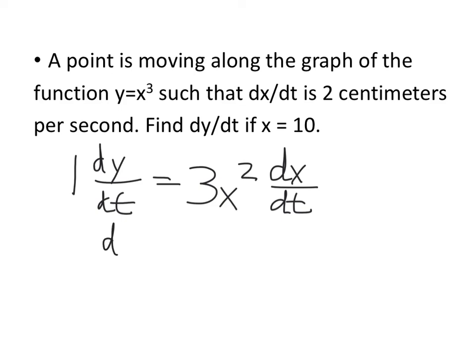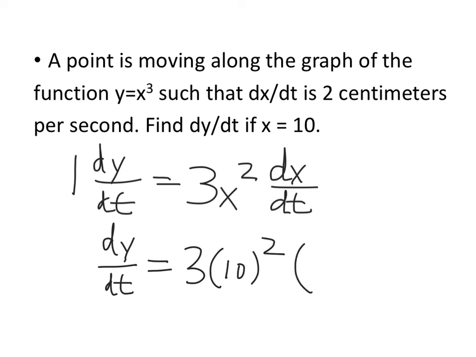So I'll just get rid of that 1, because 1 times dy/dt is just dy/dt. I'll substitute 10 for the x, and I'll substitute 2 for dx/dt. And so I find that dy/dt is 600.